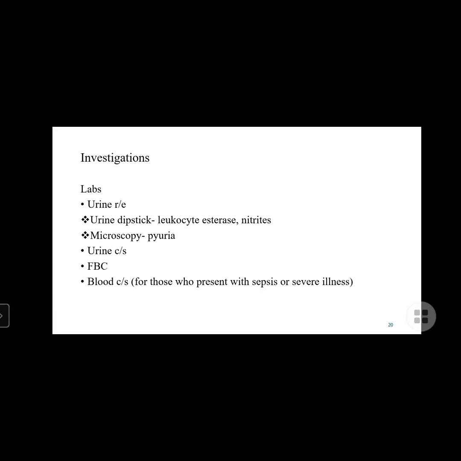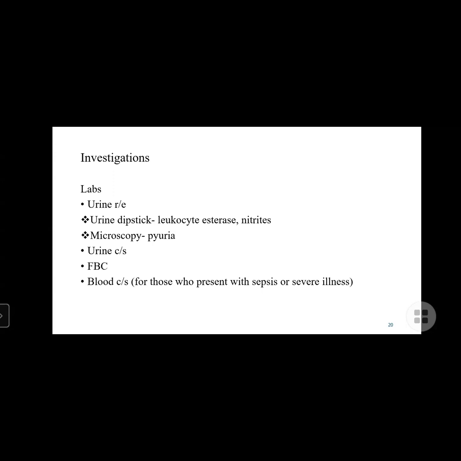We can also do a urine CS, a urine culture and sensitivity. This is usually to enable us know the exact organism that is involved. If there is bacteriuria, it will be able to grow, and then we know the organism involved and also the exact antibiotic to use to combat that.